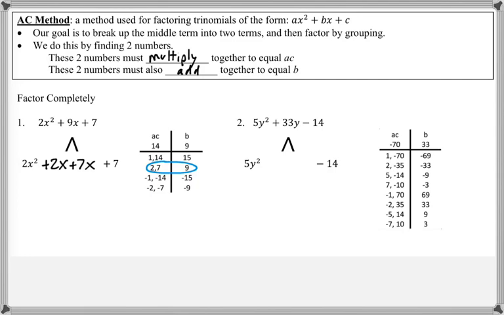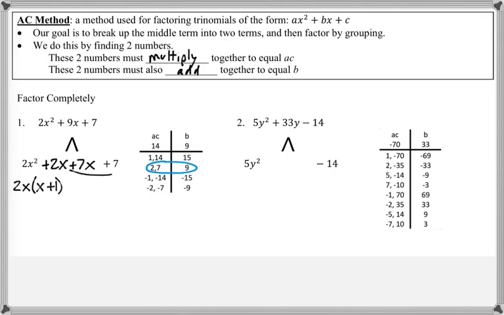I haven't changed the value at all, because you could always recombine 2x and 7x to get back to 9x. But I've changed this into a four-term question, and I've done that because I can now factor by grouping. So out of these first two terms, you can factor out a 2x, which will leave you with an x plus 1.